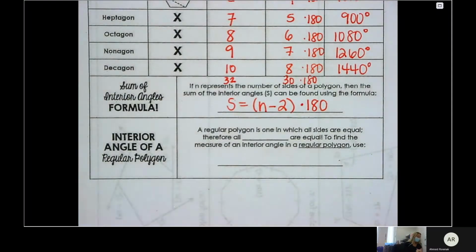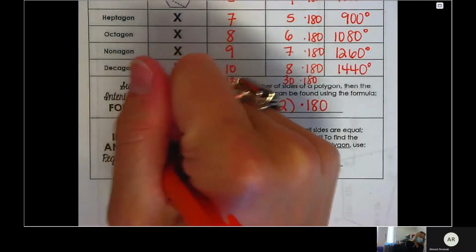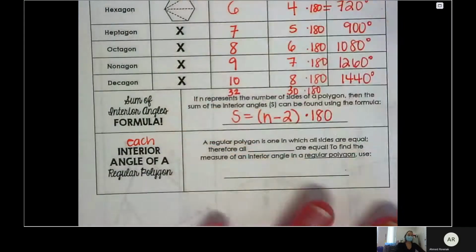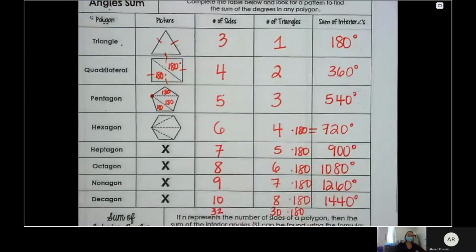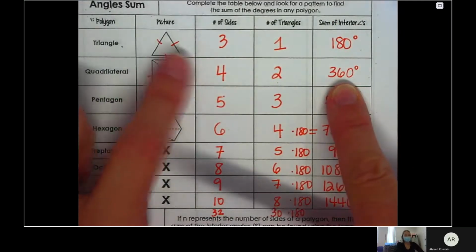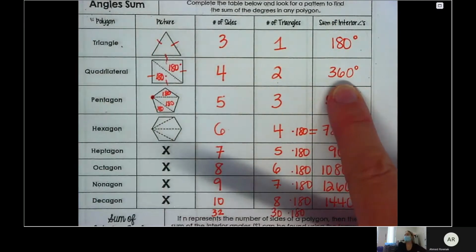Now, to find each interior angle of a polygon. So let's say I know that a quadrilateral, right, is 360 degrees. How would I figure out what each angle is equal to? What would I have to do with that 360?